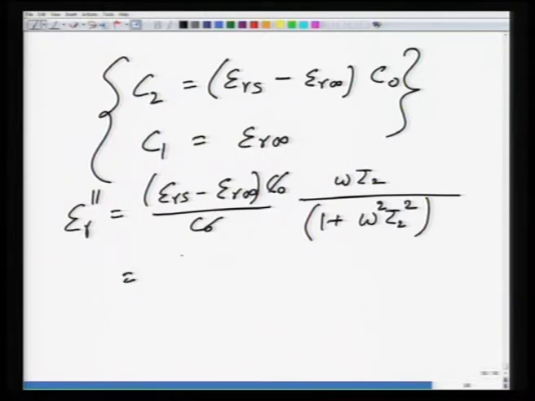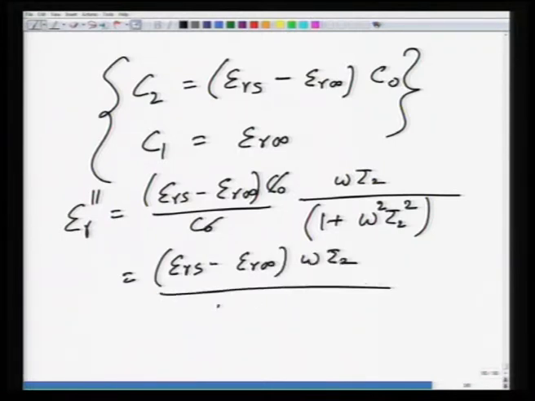So what you get is epsilon rs minus epsilon r infinity into omega tau 2 divided by 1 plus omega square tau 2 square.